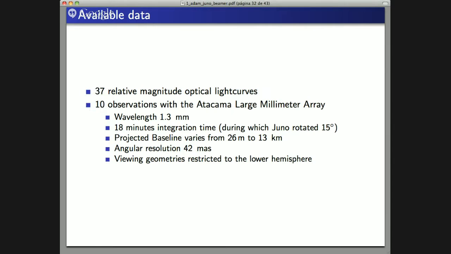So here is the actual data. These are deconvolved images from ALMA, and we use these to reconstruct the shape. So what we do here, we don't use the actual images.